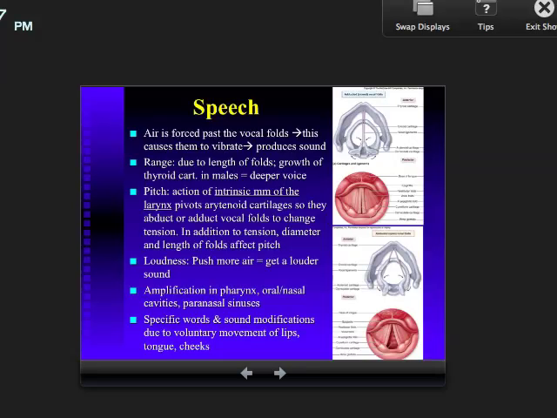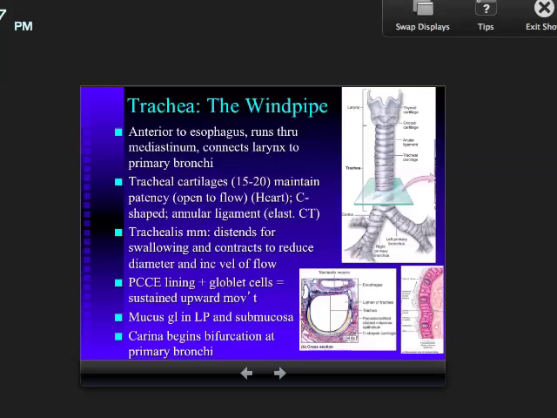In any of those instances, you start to see how these resonance chambers, your sinuses, the nasal cavity itself, the shape of your mouth, the position of your tongue, all of these things contribute to amplification and shaping the sounds, all the way even to what's happening at your lips and your tongue and your cheeks. Okay. So that gets us past the larynx.